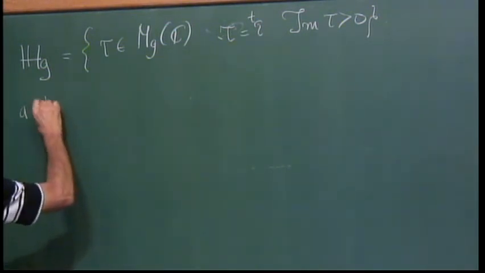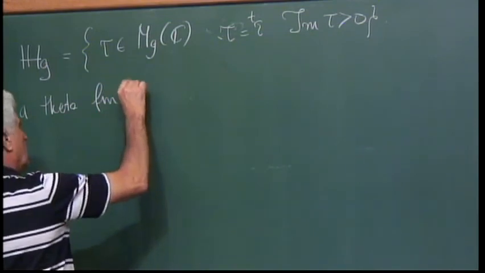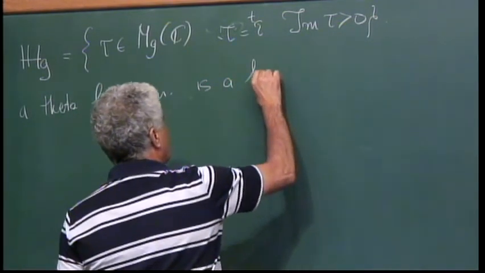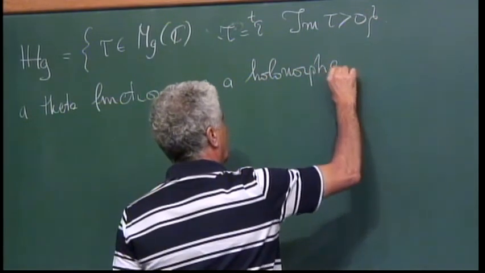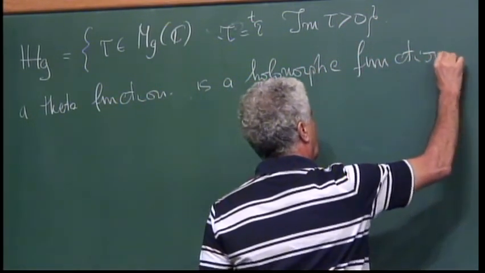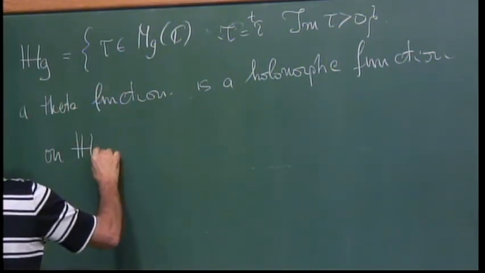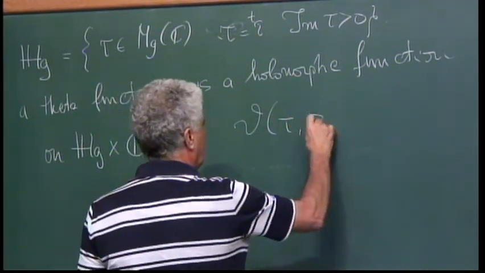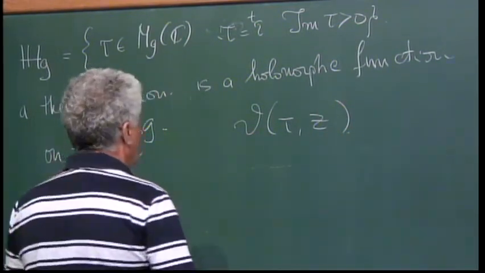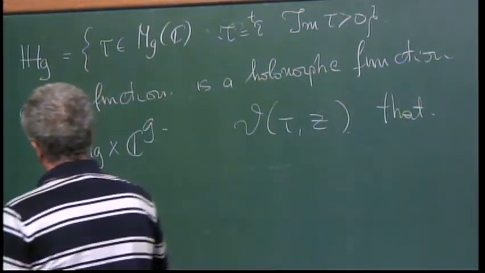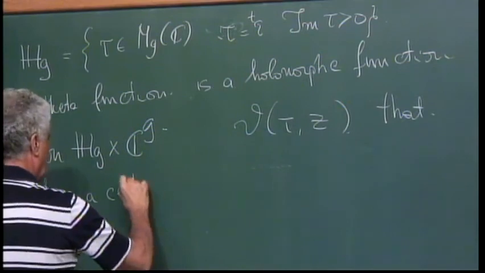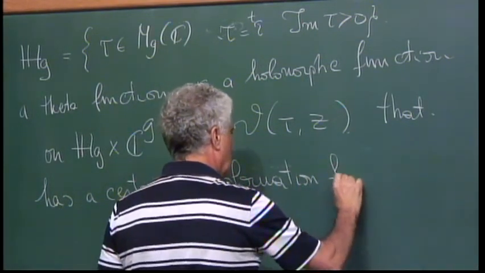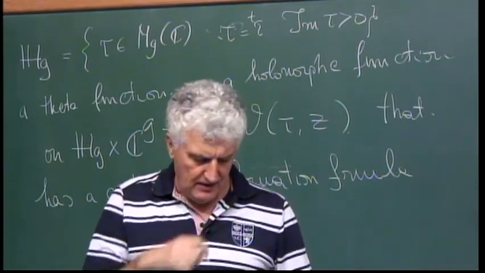So a theta function, a priori, I don't want to give a precise definition, is a holomorphic function on H_g cross C^g, and usually one can write theta of tau, z, that has a certain transformation formula that I will recall later.